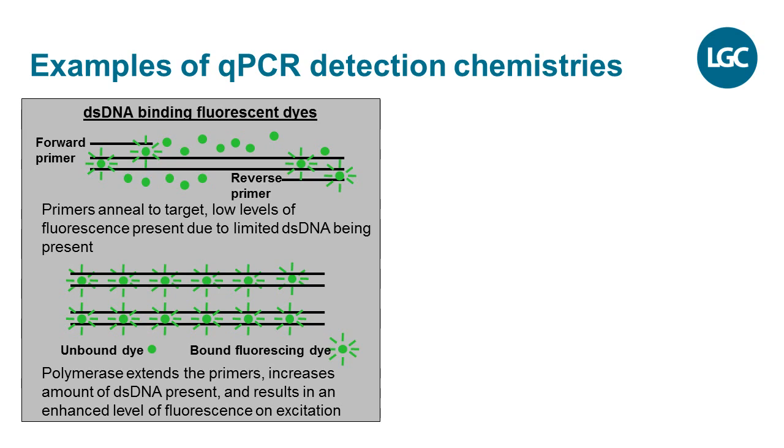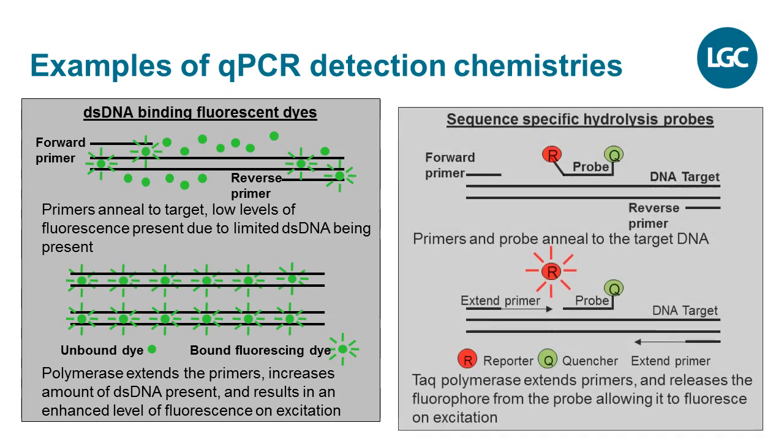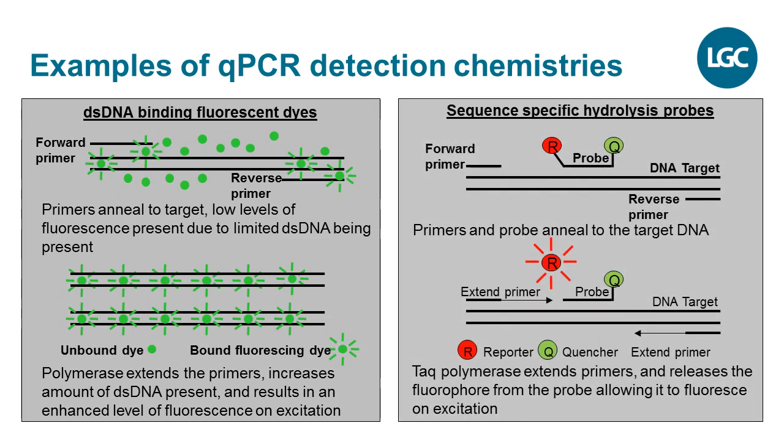An alternative and frequently employed fluorescent chemistry is that of dual-labeled DNA sequence-specific hydrolysis probes. With this class of chemistry, the proximity of a fluorescent reporter molecule to that of a quencher prevents the emission of fluorescence from a probe molecule in free solution.